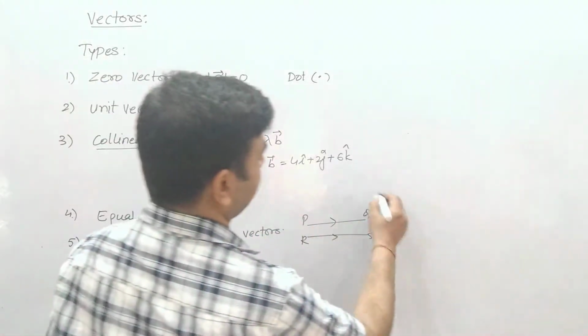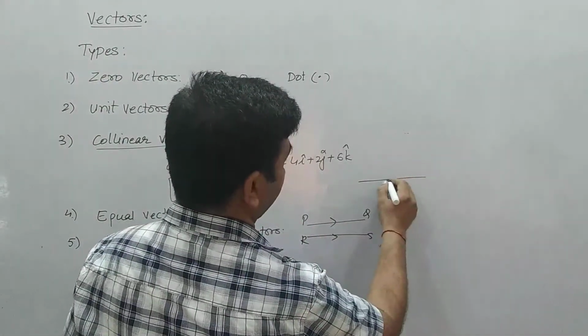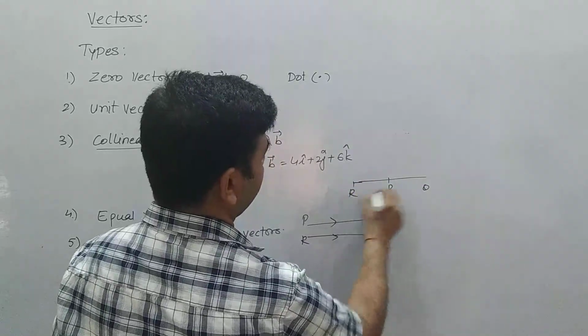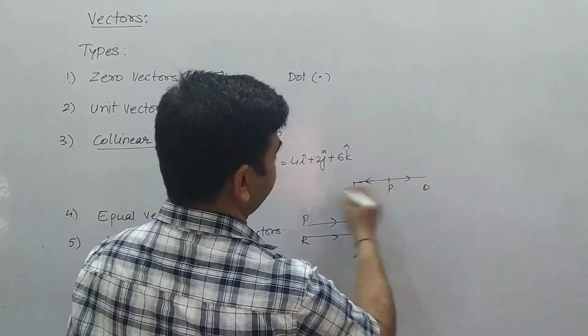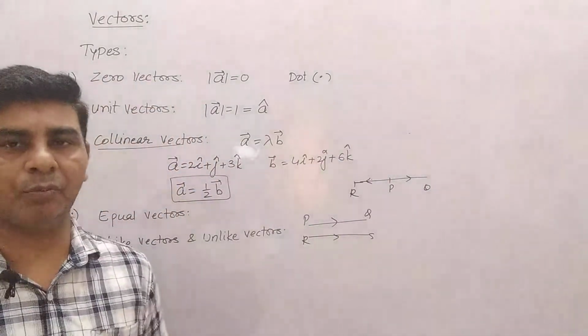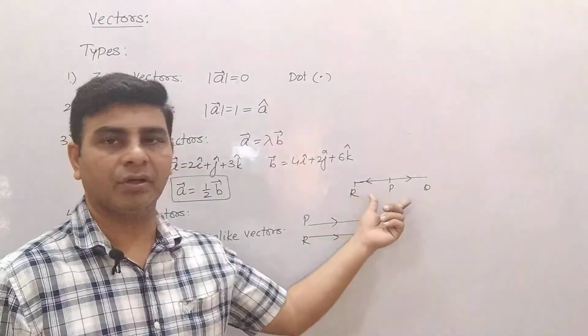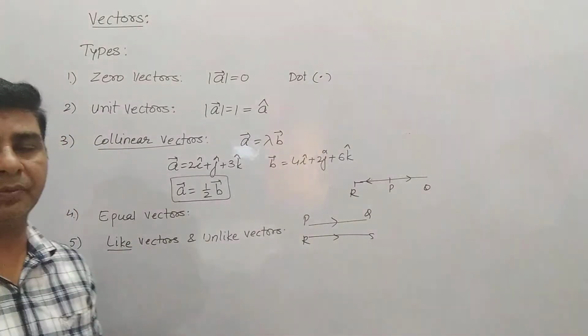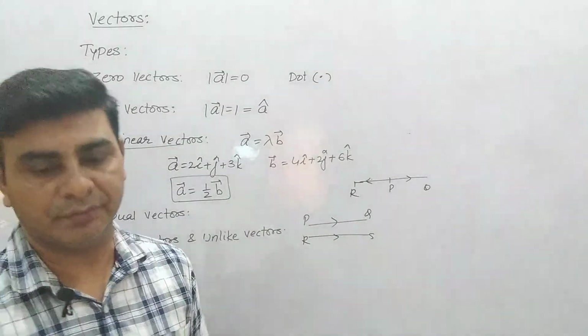But two vectors having opposite direction, like this is your point P, this is Q, this is R, this is PQ, this is PR, both having opposite direction, these are known as your unlike vectors. So equal vectors will always be like vectors as well.